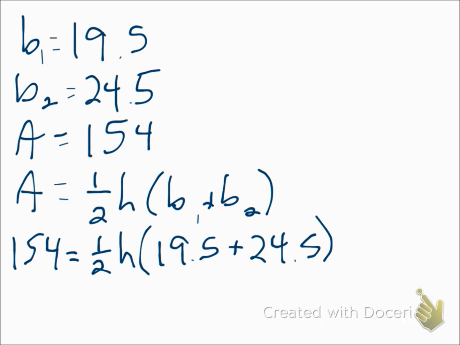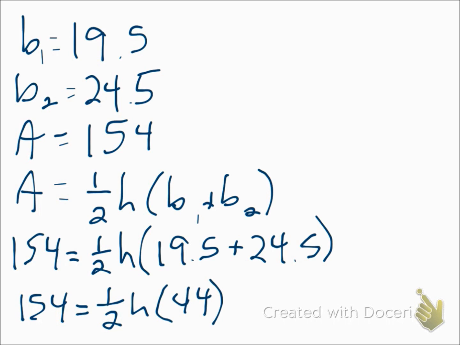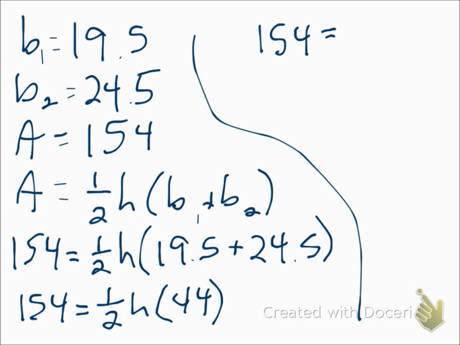Simplify the parentheses there, and we get 44. On the right, multiply half by 44, and you get 22h on the right side.